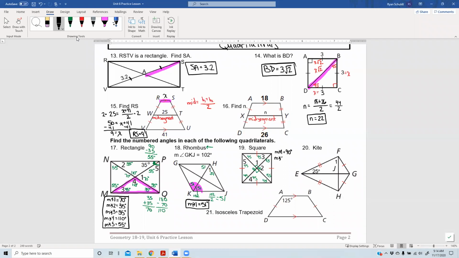The measure of angle 2, also 90 degrees. The measure of angle 3, 45 degrees. Measure of angle 4, 45 degrees. And the measure of angle 5, 45 degrees. There they are in all their glory.